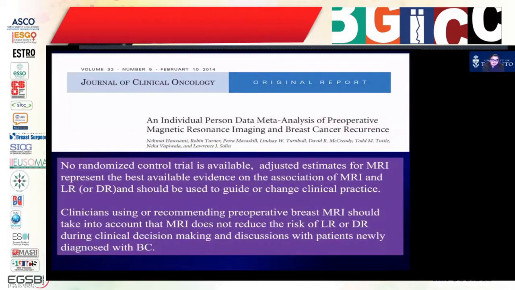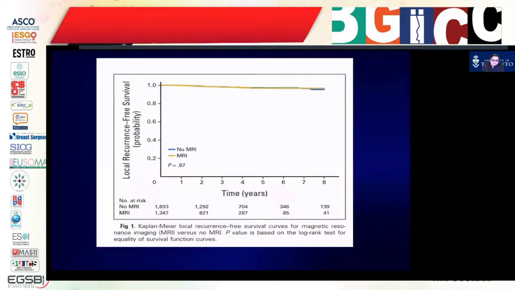And again, there's really no randomized data available to look at whether MRI reduces local recurrence or distant recurrence. But this is very patient-centric. Individualized management is necessary for utilization of breast MRI.